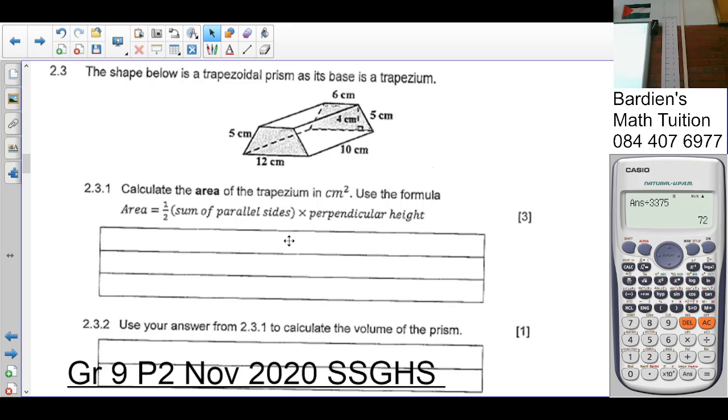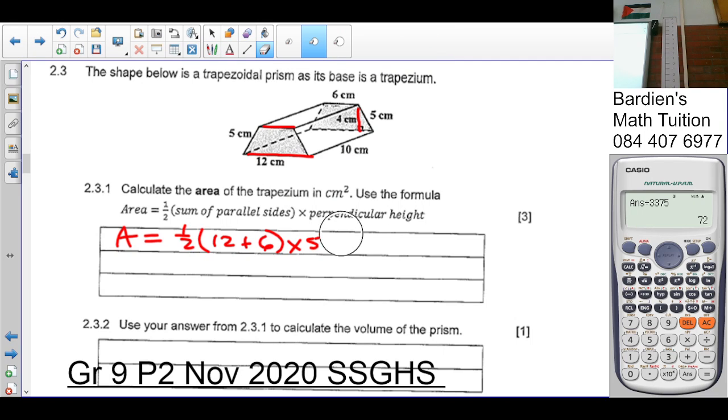So if you're looking at the area of a trapezoid, it's 12 plus this length here, which is 6. Not so. So it's a half sum of the parallel sides, 12 plus 6, times the perpendicular height, which is 4.